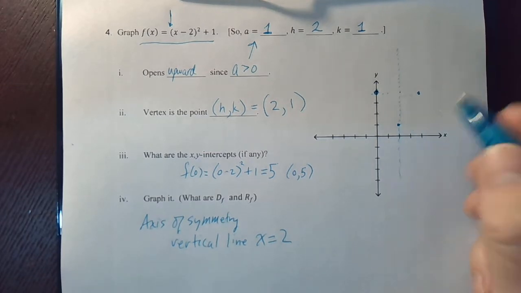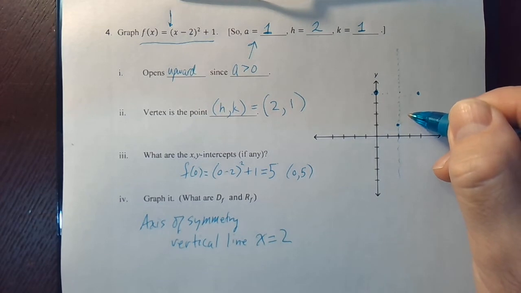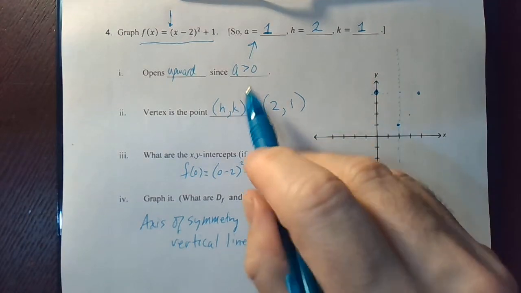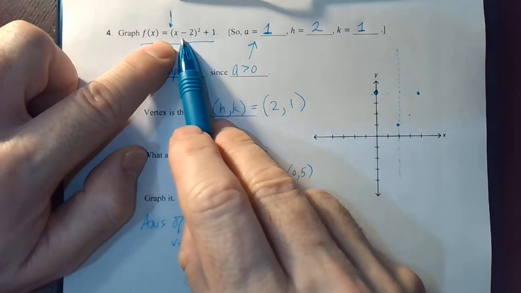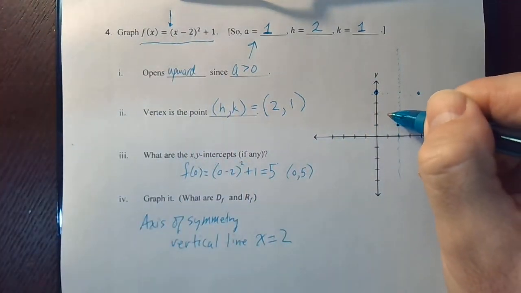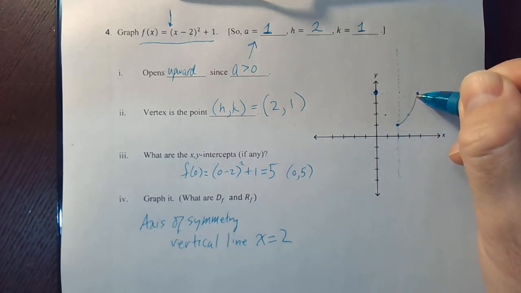And if we plug in a 3, we would get 3 minus 2, we'd get a 1 squared plus 1, a value of 2. Yep. And then also if we plugged in a 1, we'd get the same value. So the parabola looks something like that.